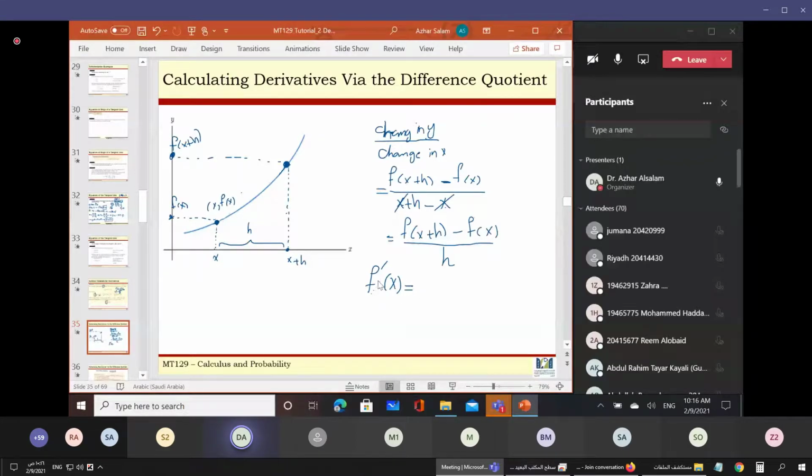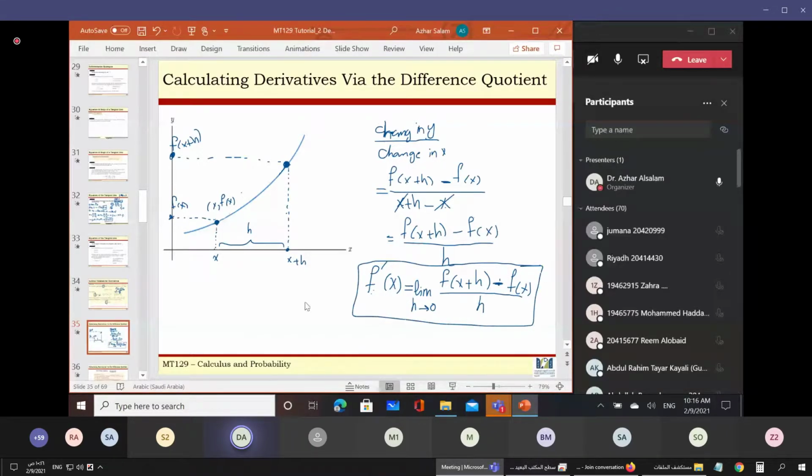So f dash of x is defined by the rate of change f of x plus h minus f of x divided by h, when h approaches 0. I take h very small until it approaches 0, so I take the limit when h approaches 0. This is the main definition of the derivative.